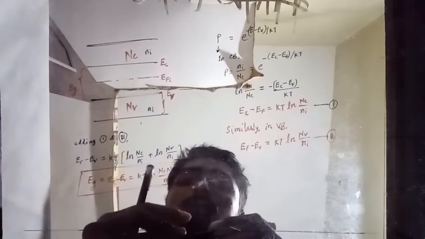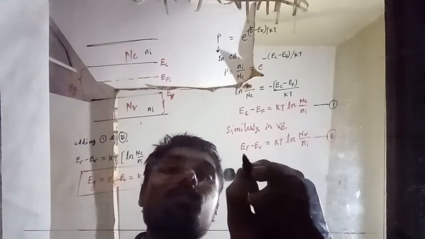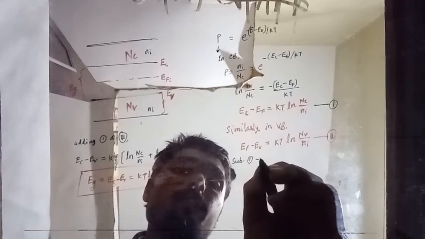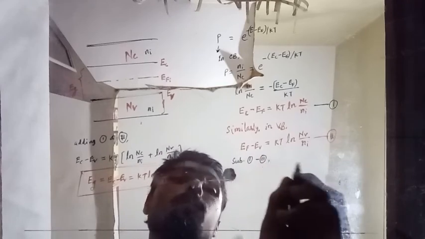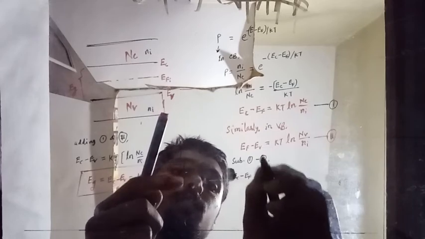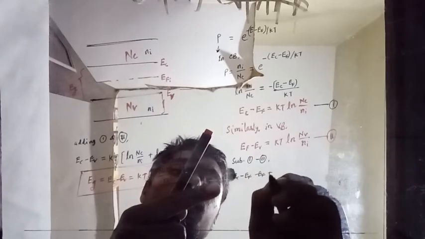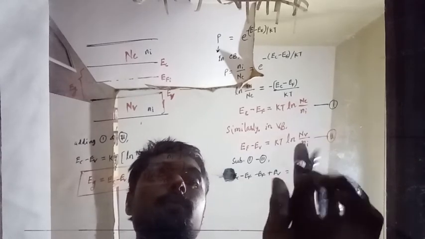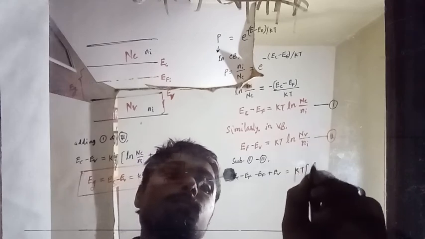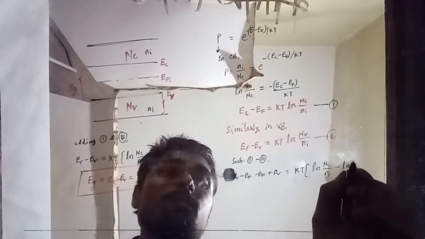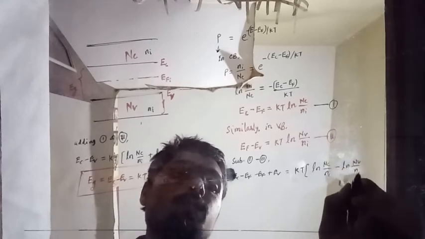And now subtract equation 2 from equation 1. What will we get here? We subtract Ec minus EF, minus EF plus Ev, and we get KT ln Nc upon Ni minus ln Nv upon Ni.